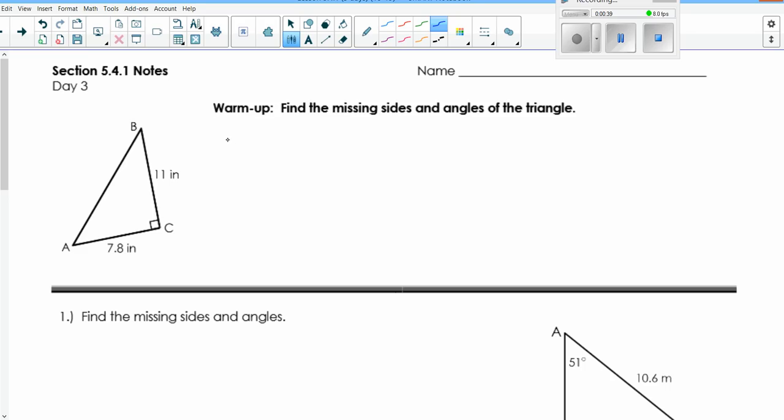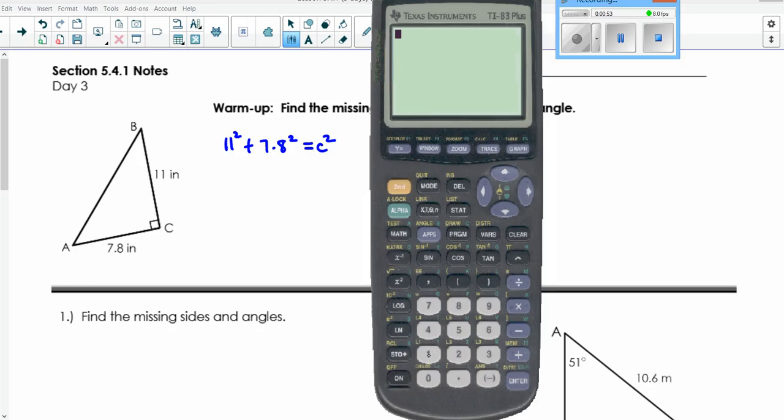Alright, so assuming you're checking your answer, we can do Pythagorean theorem to find the missing side. So a squared plus b squared equals c squared. Alright, let's see.